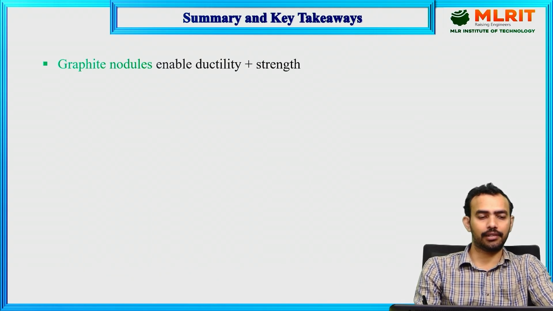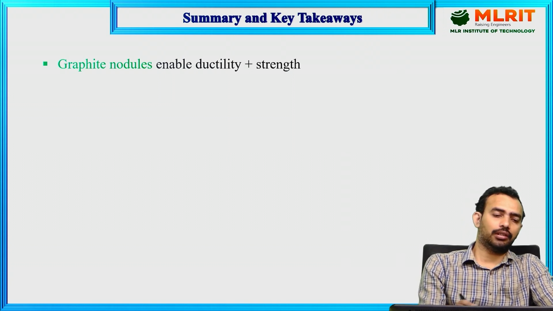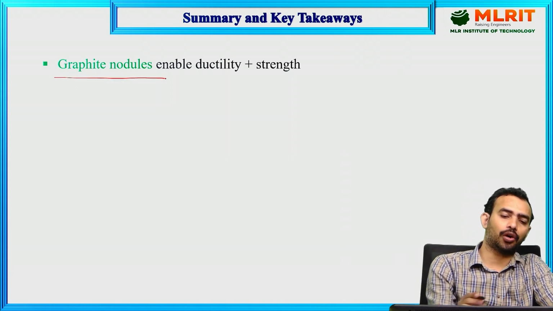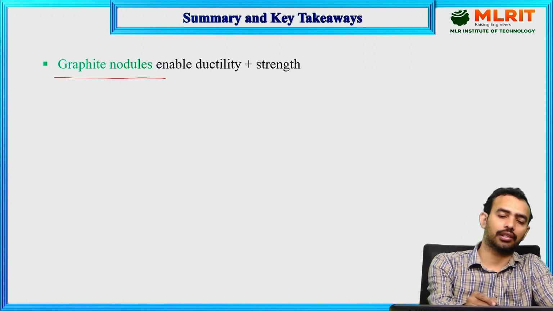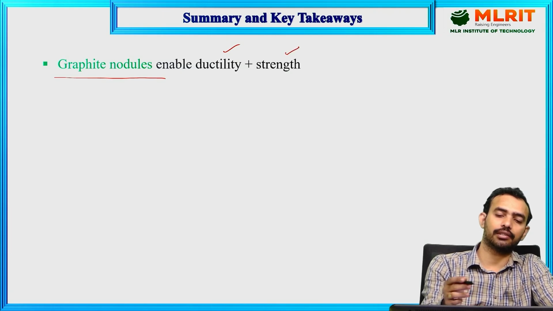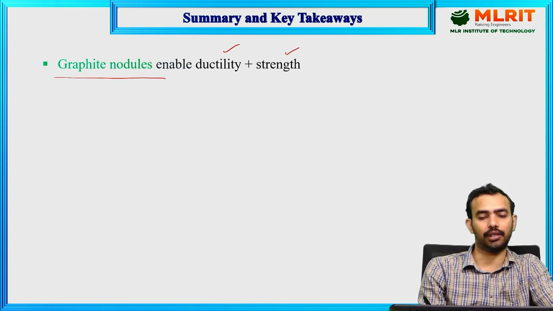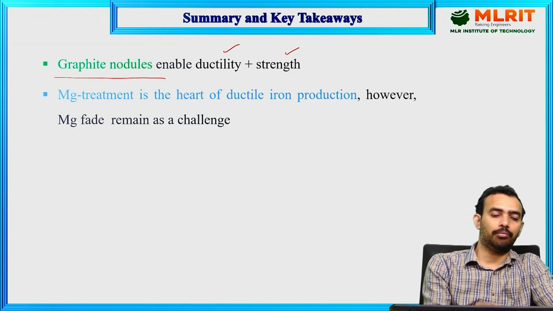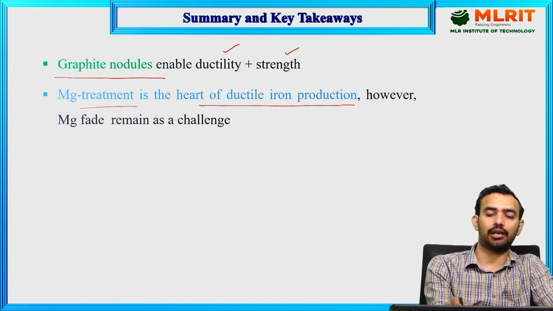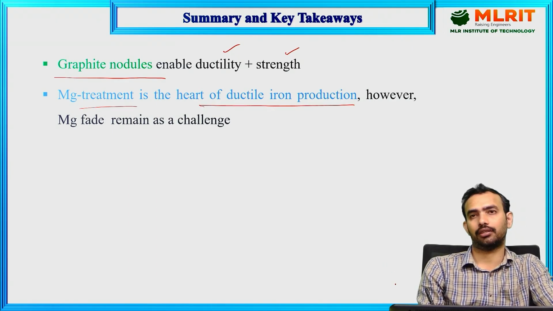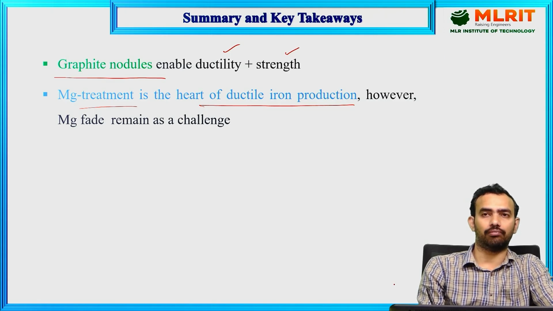So if you summarize what we have discussed, graphite is present in nodular form, which enables ductility for the material as well as strength. It has good elongation characteristics along with excellent strength. Magnesium treatment is the heart of ductile iron production because magnesium is the one which promotes the spheroidization of the graphite.